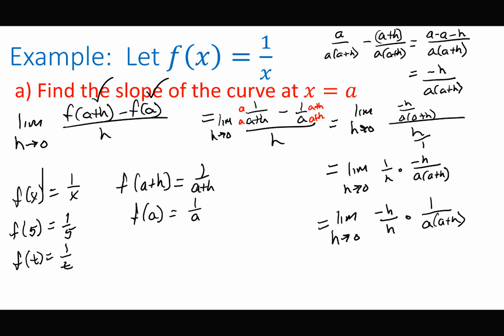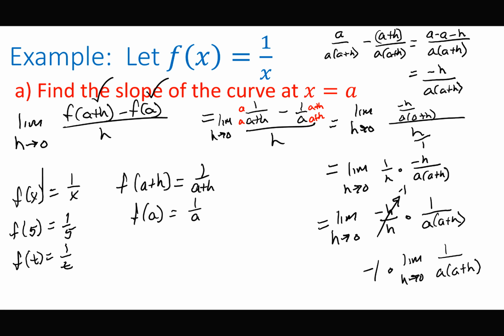But what is negative h divided by h? Negative 1. Okay, this goes to negative 1. And so really I have negative 1 times my limit as h approaches 0 of 1 all over a times a plus h. Can I evaluate that with substitution?